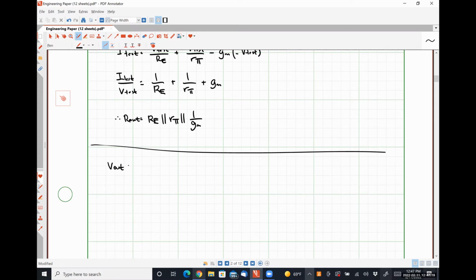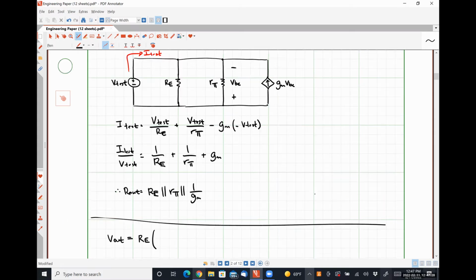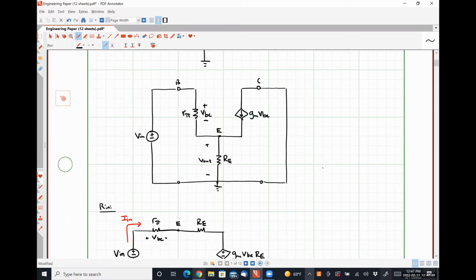So we can say that V out is RE times some currents here. So let's talk about the current flowing from the left. I'm going to call this current VBE over R pi. And when we talk about our current flowing from the right, that's obviously just GM VBE.